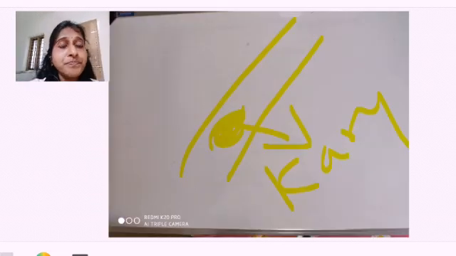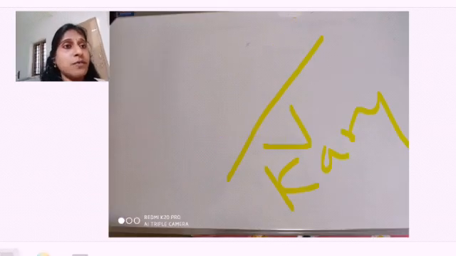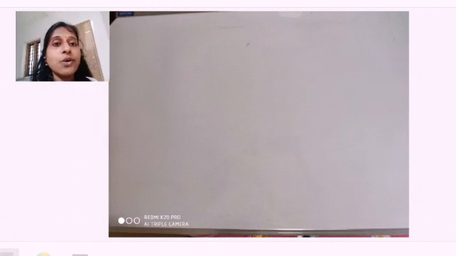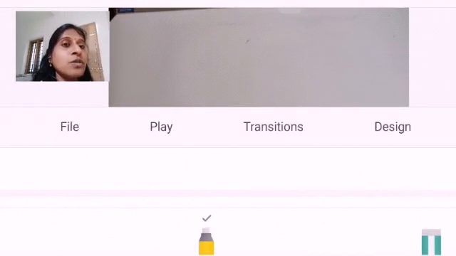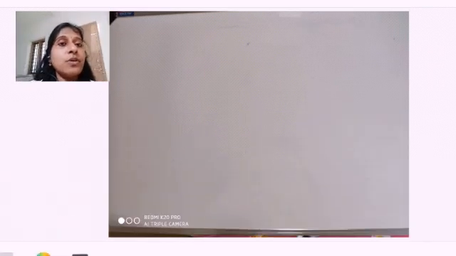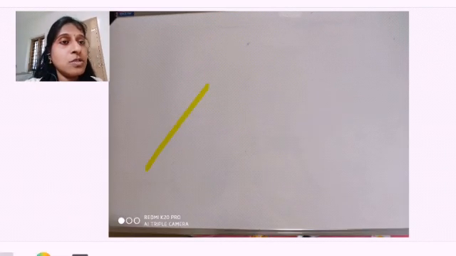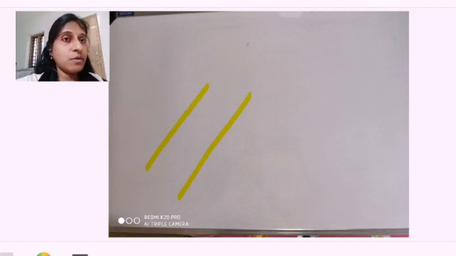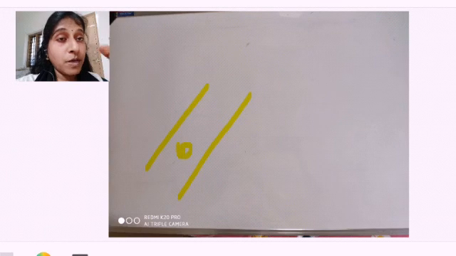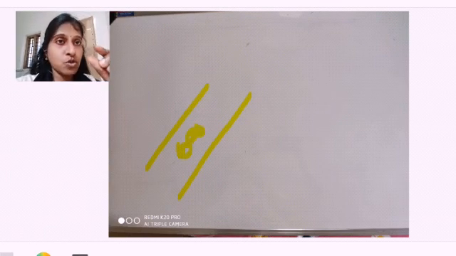Now listen. What is dikaryon is the thing which you have to learn. I told you what is dikaryon. When two hyphae fuse together, one nucleus from this hyphae and one nucleus from the other hyphae come into close contact.